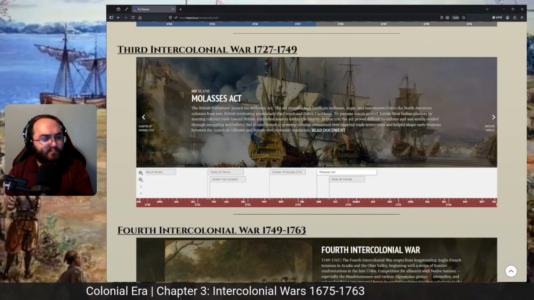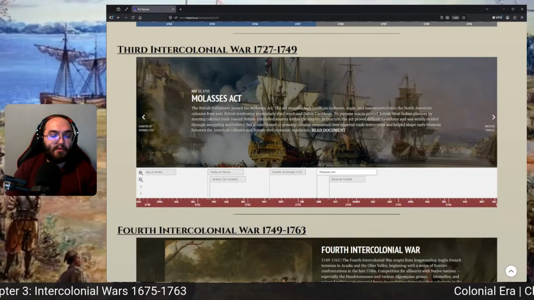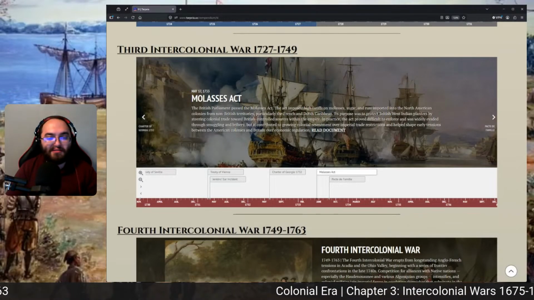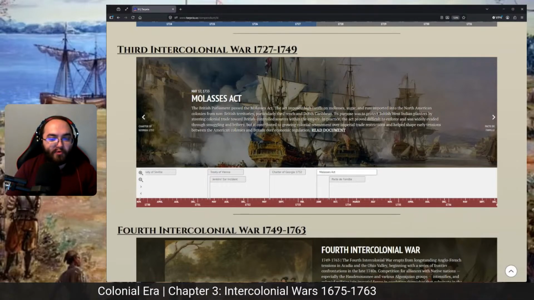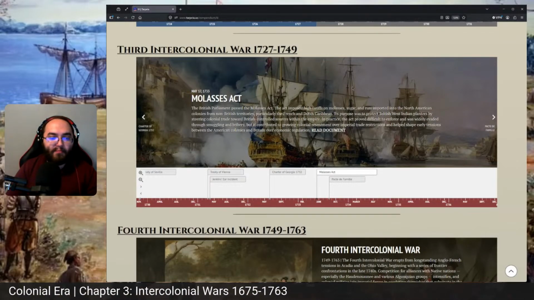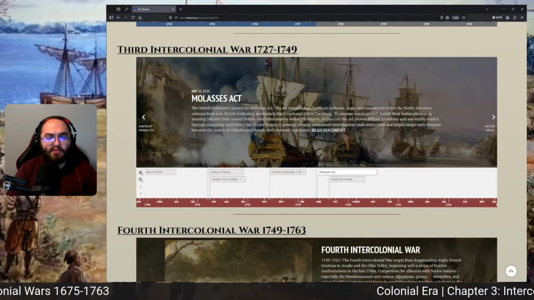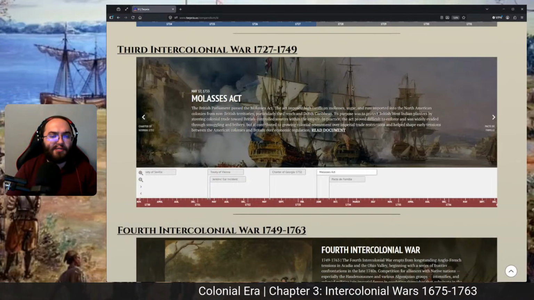At the same time, you have the passage of the Molasses Act, which is yet another regulation, which is a tariff on molasses, sugar, and rum imported into North America from other colonies, like in the Caribbean. And so, again, the idea of salutary neglect.